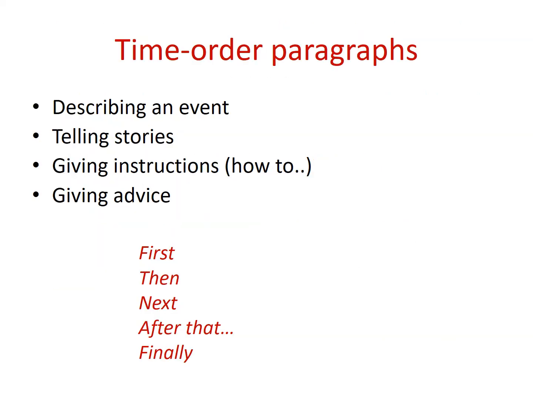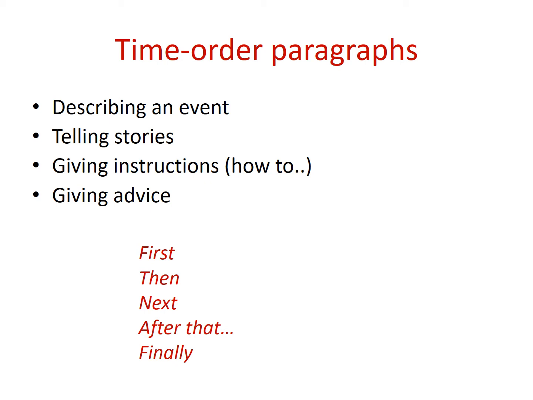A time order paragraph is a paragraph in which the ideas are put in order by time. For example, when you write about an event, you use time order to tell about it. You write first this happened, next that happened, and then something else happened. When you write instructions, you use time order. You divide your instructions into a series of steps and list the steps in order by time.